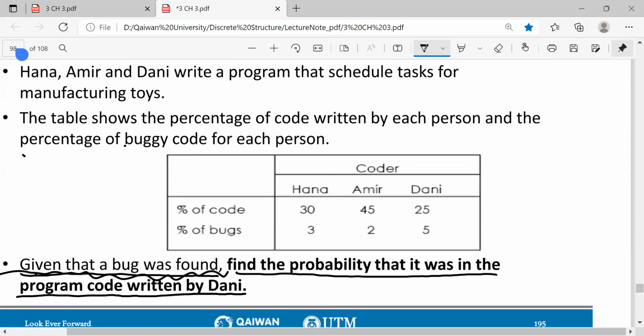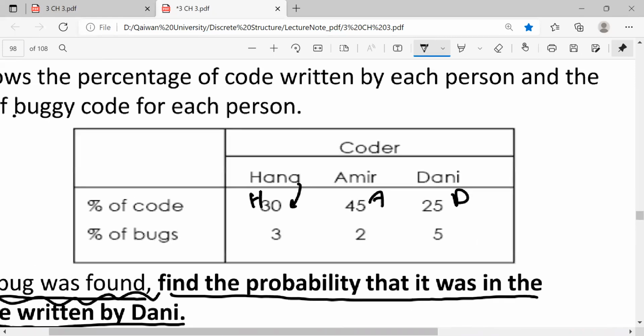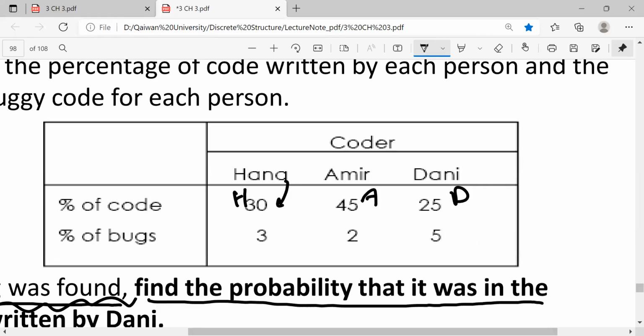Here from the table, this is H, this is A, and this is D. That means the probability of H is 30%, the probability of A is 45%, and also the probability of D is 25%. It's given in the table. And also the probability of B given H is 3%, it's 0.03.